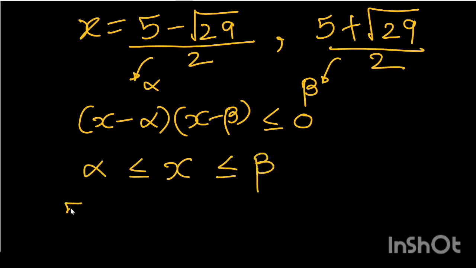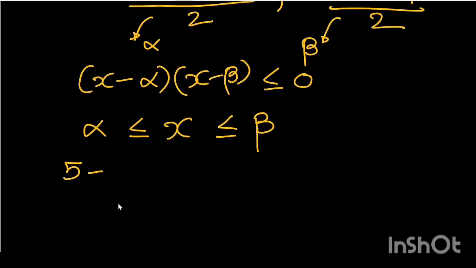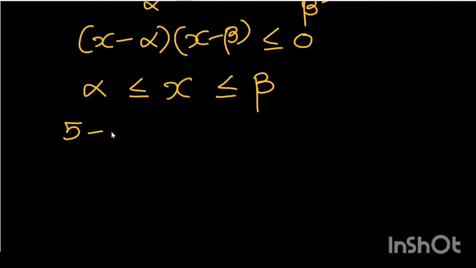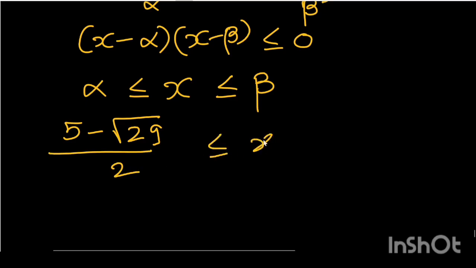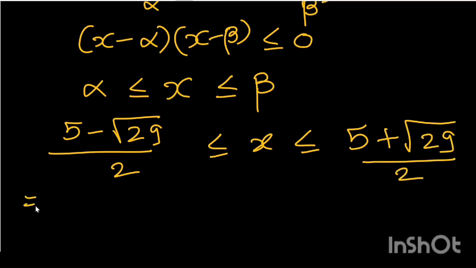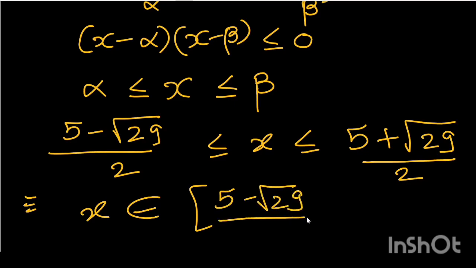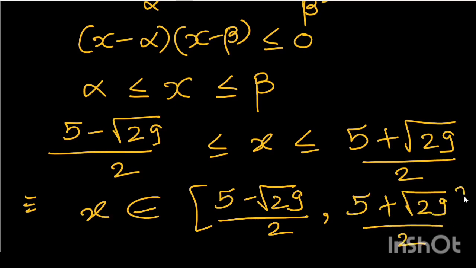So alpha we substitute as 5 minus root 29 by 2, and beta as 5 plus root 29 by 2. Equivalently, the answer would be x belongs to the closed interval 5 minus root 29 by 2 comma 5 plus root 29 by 2. That would be the answer, guys.